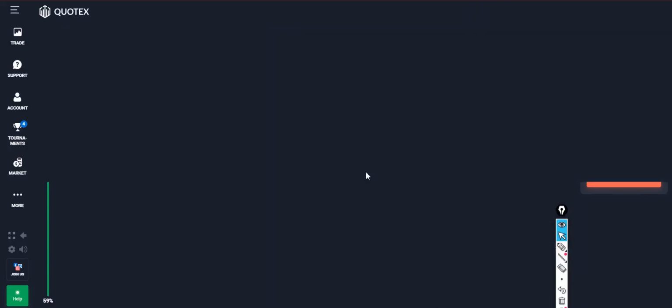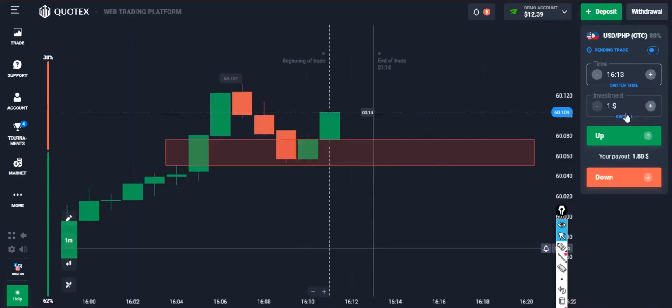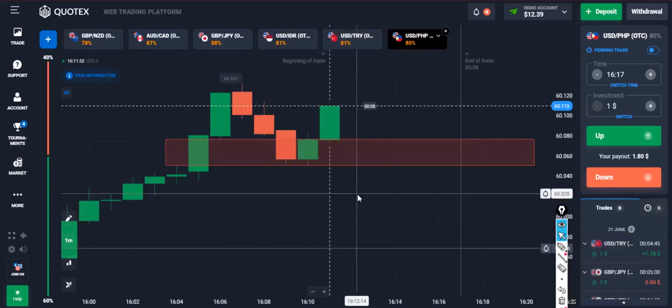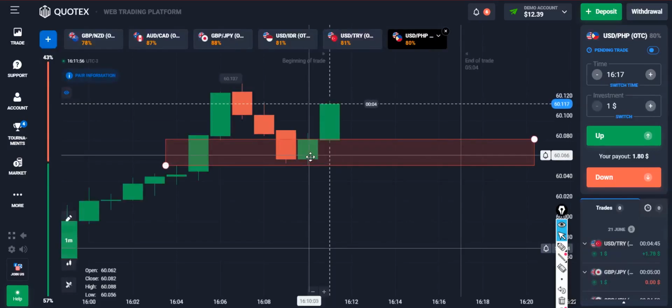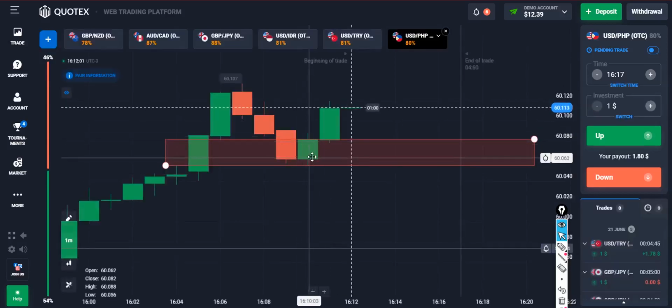Okay, so let's see. If the market comes here, I'm gonna take an uptrend. 11:17, I don't think I'm gonna get that chance. When this pair gave this confirmation candle, I should have taken a trade right here.